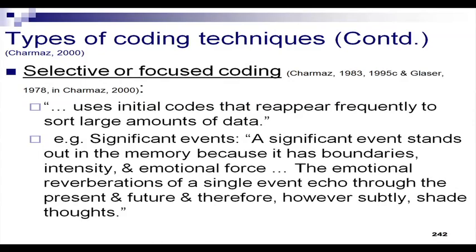For example, significant events. That could be a category, that could be a focused code. So in the earthquake that happened in Indonesia a few days ago, what were the significant events? A significant event stands out in the memory because it already has boundaries. The code already has boundaries. The earth shook at this time, so we are restricting our collection of data to that time.